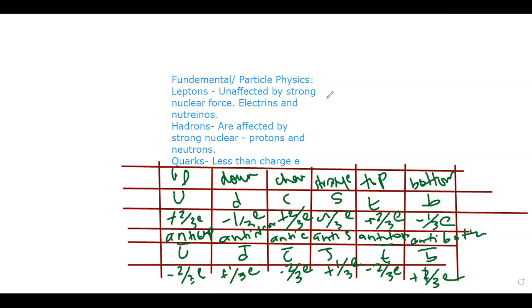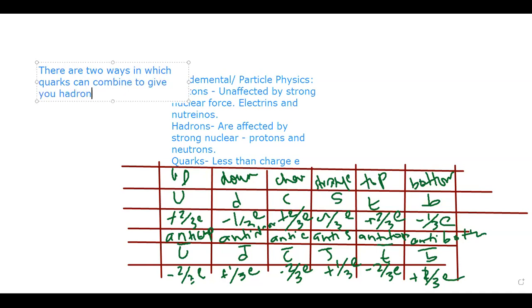So the quarks can combine to give you hadrons. There are two ways in which quarks can combine to give you hadrons.